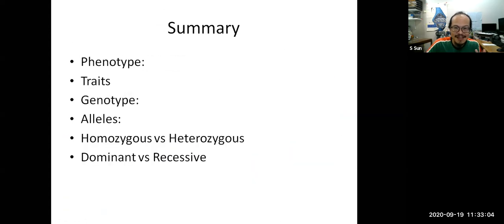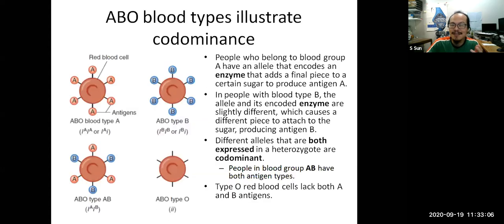But A and B are very unique. If you have type A and type B alleles, they won't fight. Each one will generate its own enzyme, and each one will generate its own antigen. In a way, it's kind of independent. And both will show, even though they are located in the same gene, in the same location. The different alleles will just do their job, and they will both show.